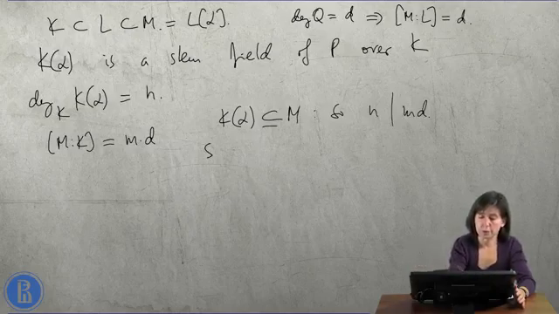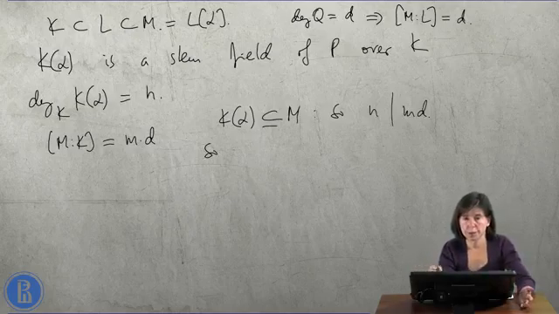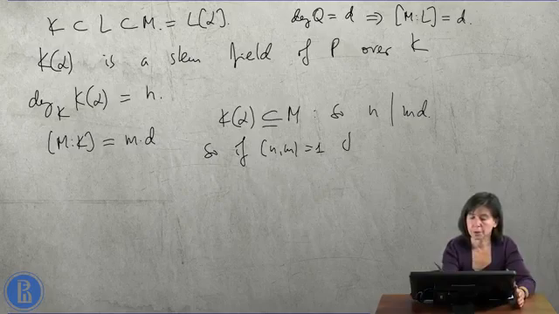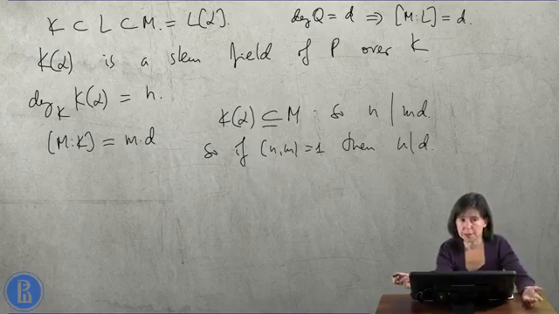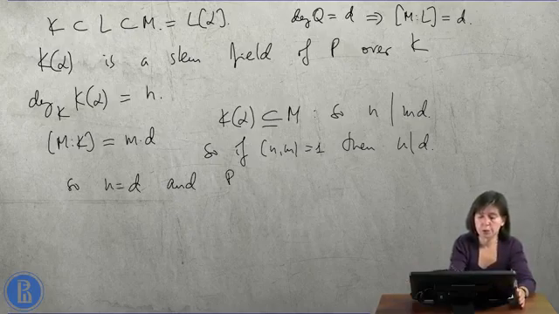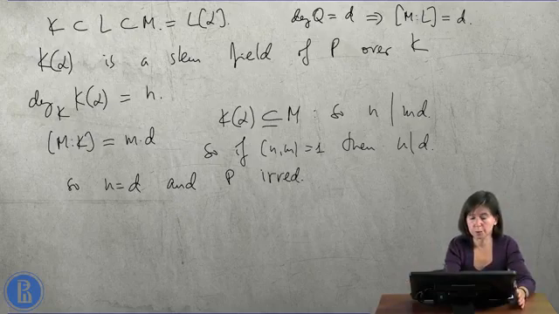And so, since n and m are relatively prime, then n divides d. But d is less than n, so n is equal to d, and P is irreducible over L.